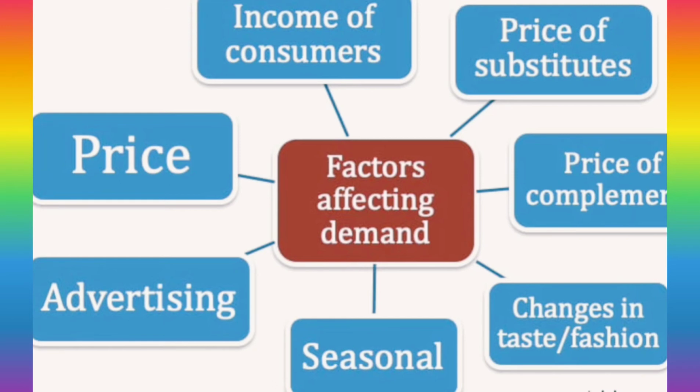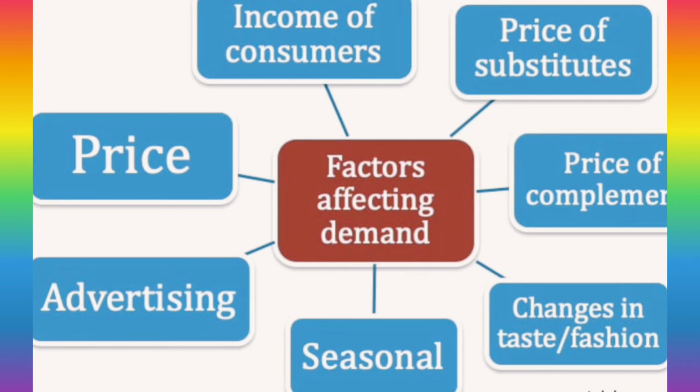Inferior goods. Inferior goods are those goods the demand for which falls as the income of the consumer increases. Now, there are some other factors which affect the demand as well.